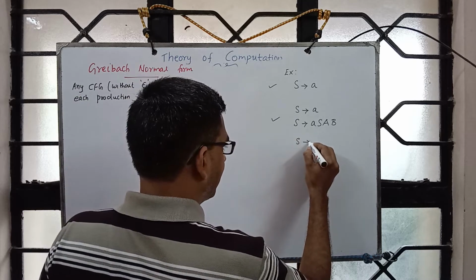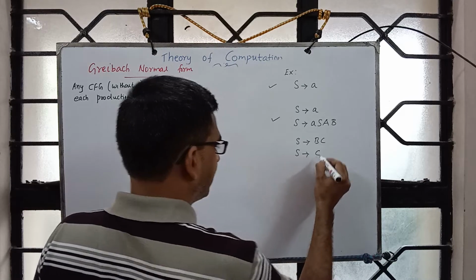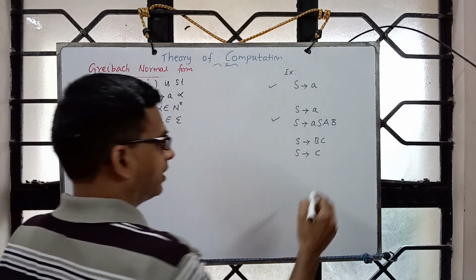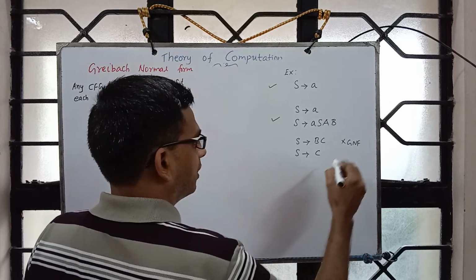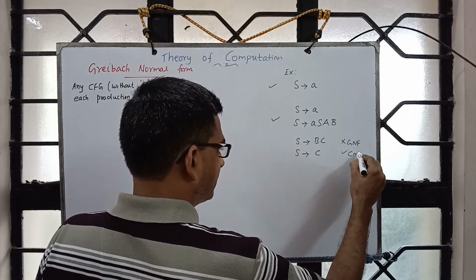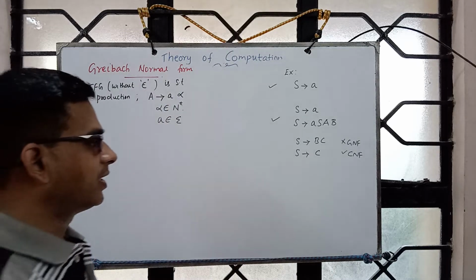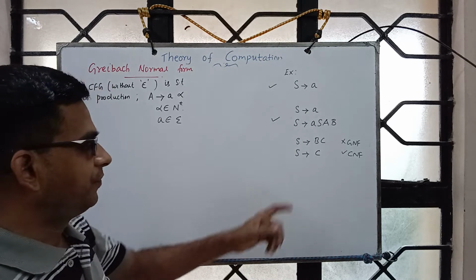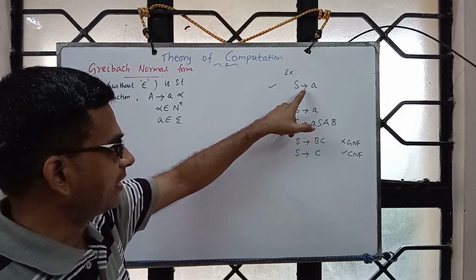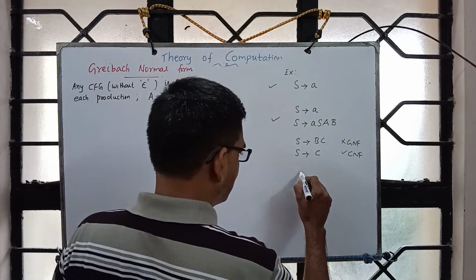If you say S implies BC and S implies C, then this is not in GNF, but this is in CNF. So this clearly tells you that if a CNF grammar has productions of exactly this type, then it is in GNF, otherwise it is not.